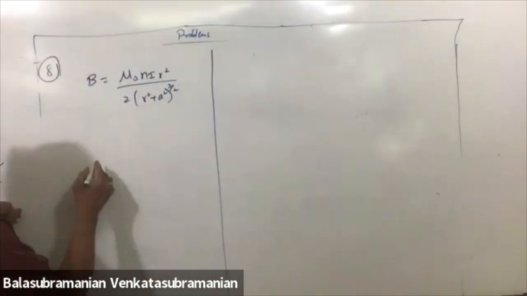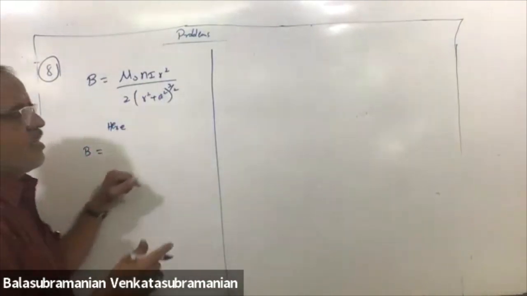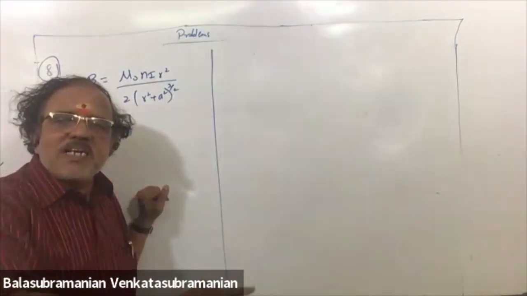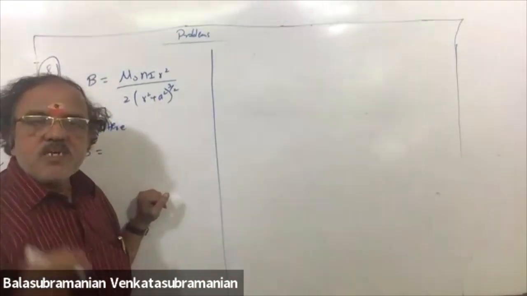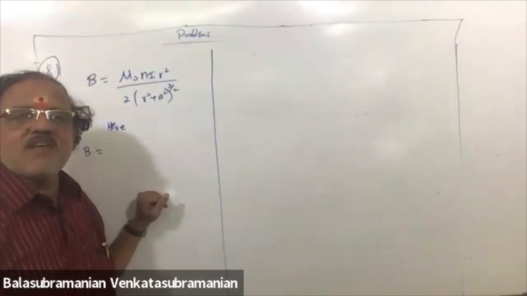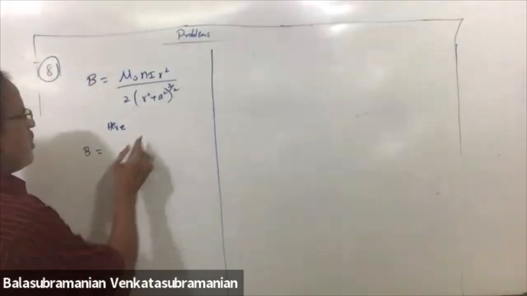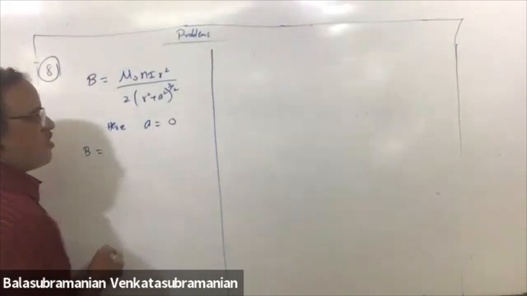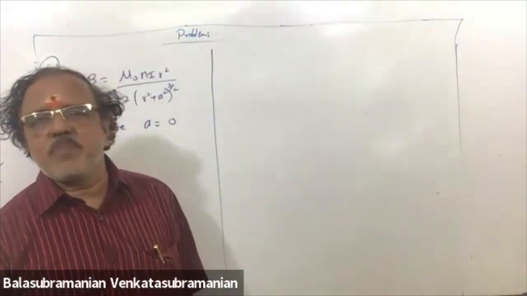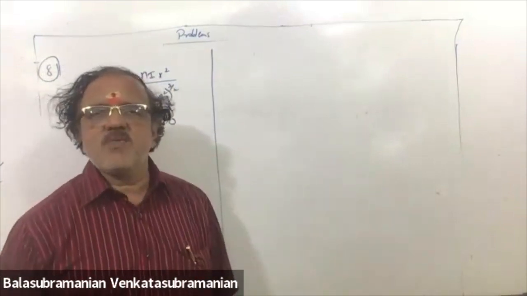At the center of the coil, R is the radius and A is the distance from the center to the point P. The question is, what is the magnetic field at the center? The center itself is asked. That is the principle of tangent galvanometer. Here A is equal to 0, since point P is at the center itself.